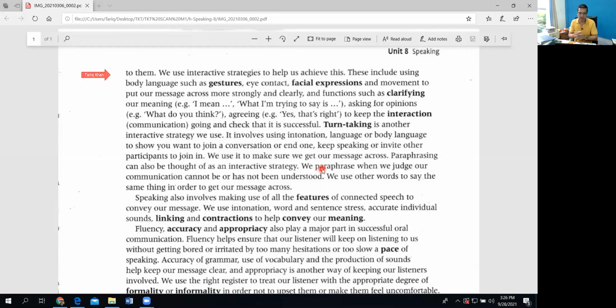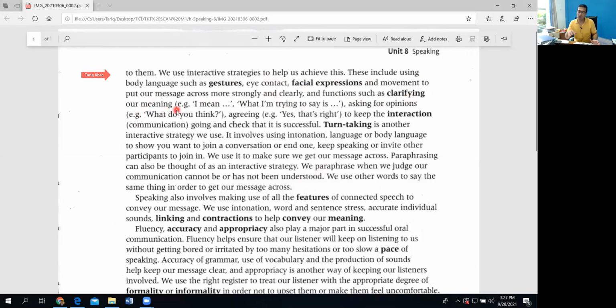Now, what are the things in it? These include using body language, such as gestures, eye contact, facial expressions, and movement, to put our message across more strongly and clearly, and functions such as clarifying our meaning.